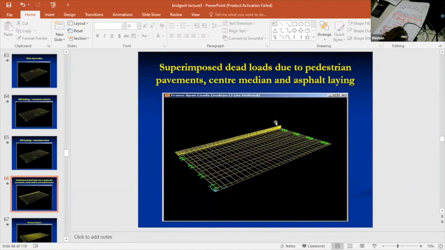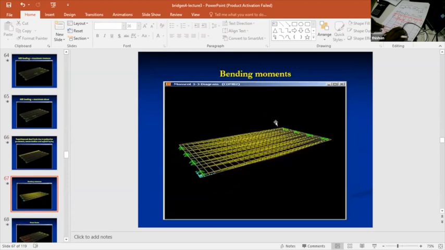But sometimes applying the loads on the transverse beams is preferred. Once you apply the loads, you can get the bending moments. And when you know the bending moments, you can always find the reinforcement, because I have just explained how to find the reinforcement when the grade of concrete and the bending moment are known. So that is the procedure that we have to use.